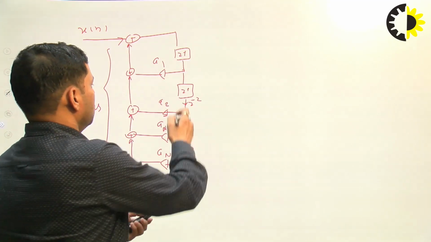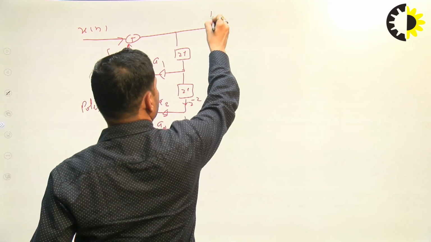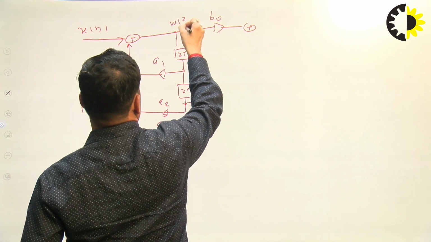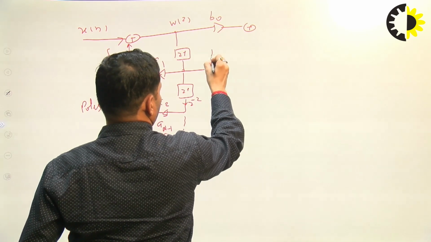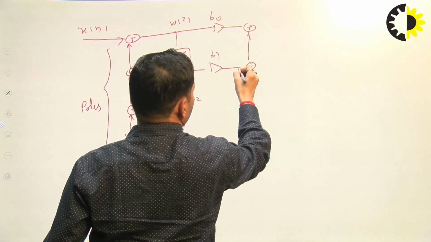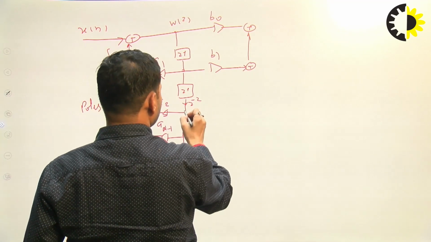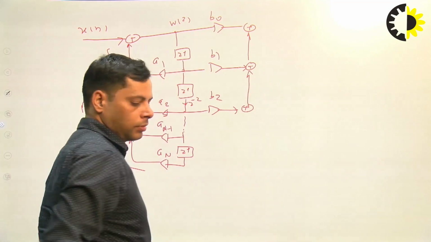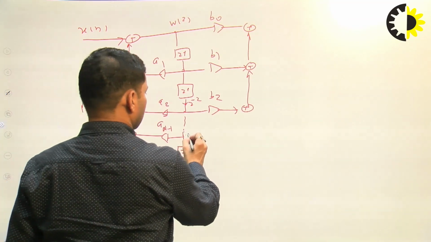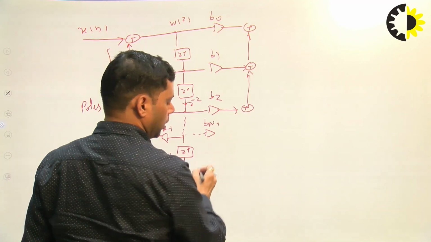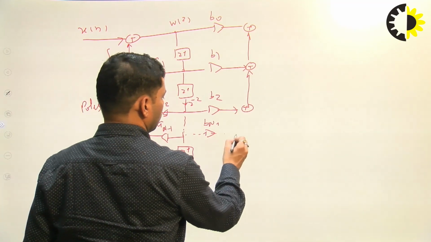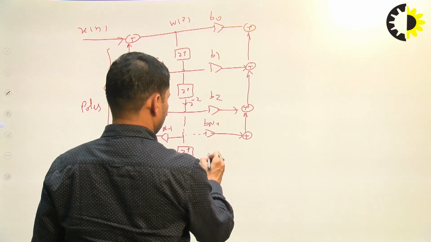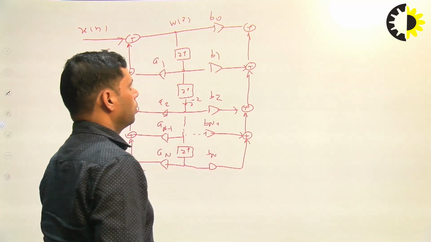So, first of all this is b0, then we take the summation point W(z) which is common here, then b1, then b2 z raised to power minus 2, then in the same way up to b_(N-1), and in the last b_N z raised to power of minus 1.